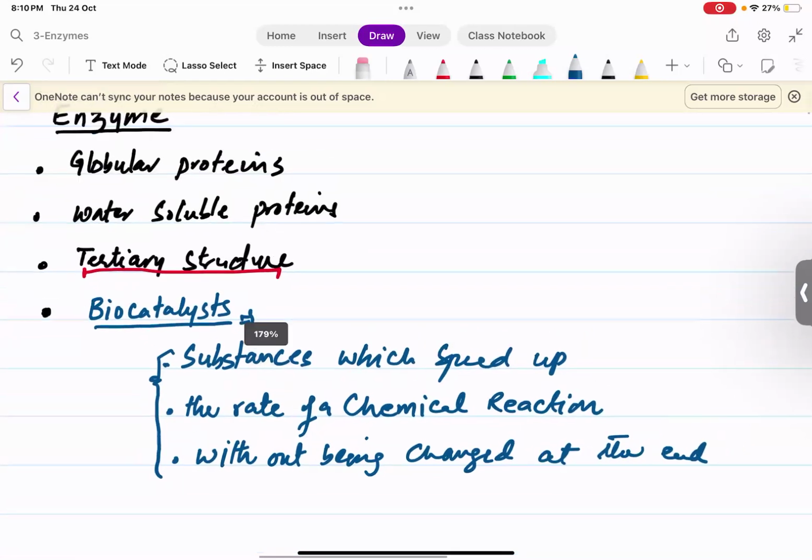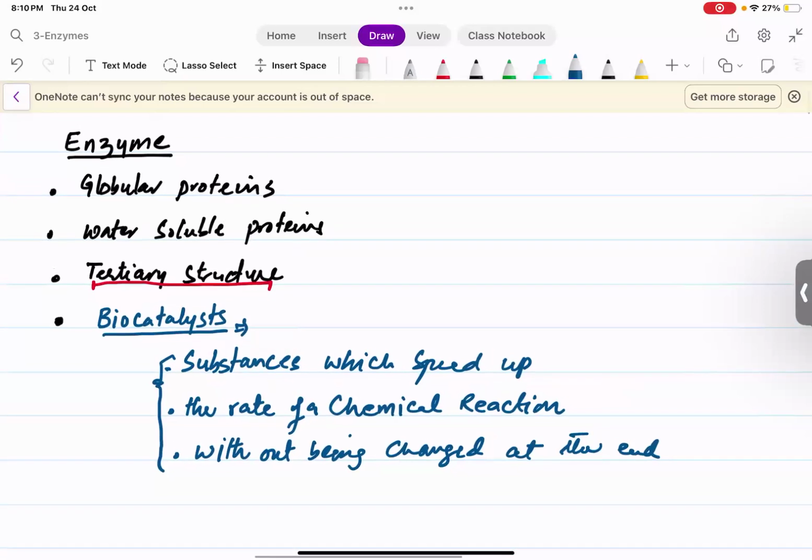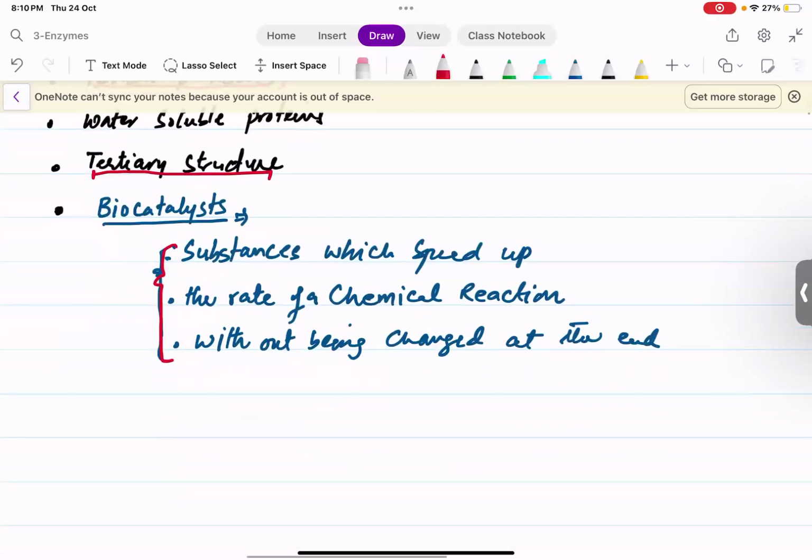We can use other properties of enzymes, but there are many other substances that are globular proteins, like hormones that may be globular. So these are not the properties specific to enzymes. This is specific to enzymes only. And then enzymes lower down activation energy.